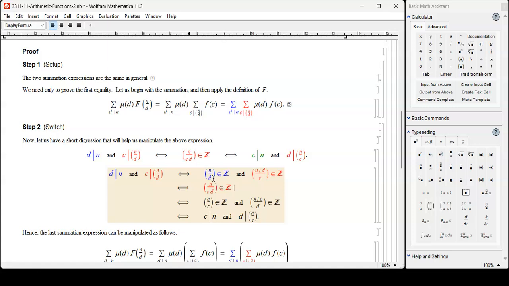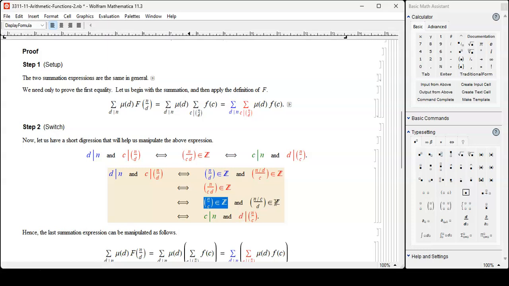You see, this is denominator D, denominator C times D. This denominator is a multiple of that denominator. So if this is an integer, then that's also, this is stronger. This is an integer, then always this is an integer, but not always the other way around. Now, from the right-hand side, we can work out the same. C divides N, green, and D divides N over C, red. And C dividing N is N over C is an integer.